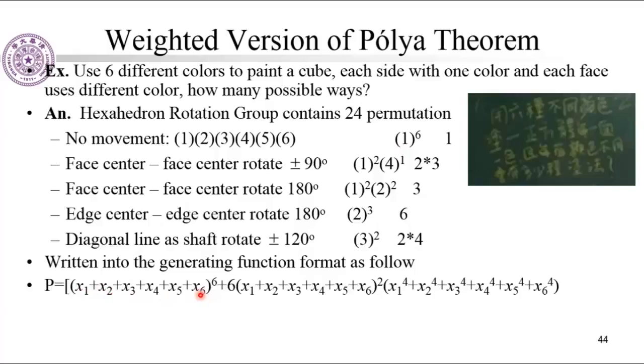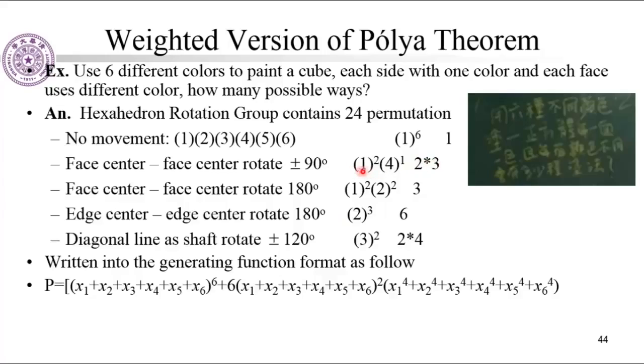This time x1 plus x2 plus x3 until x6 represents the coloring solutions within the bracket. It contains a total of 6, therefore it is to the power of 6. Because face center to face center permutations and angles total 6, correspondingly it should be 6 multiplied by the generating function expansion behind.